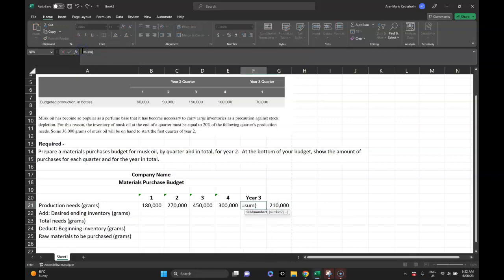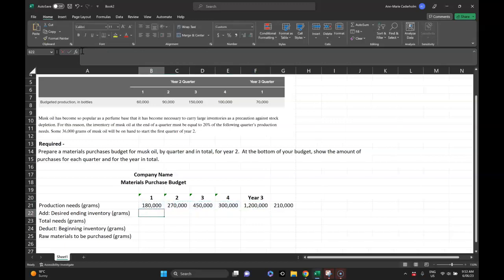Okay, so let's add these up. So remember, desired ending inventory is going to be 20% of the following quarter's production. So I can do 270,000 times 20%. So that's 54,000.